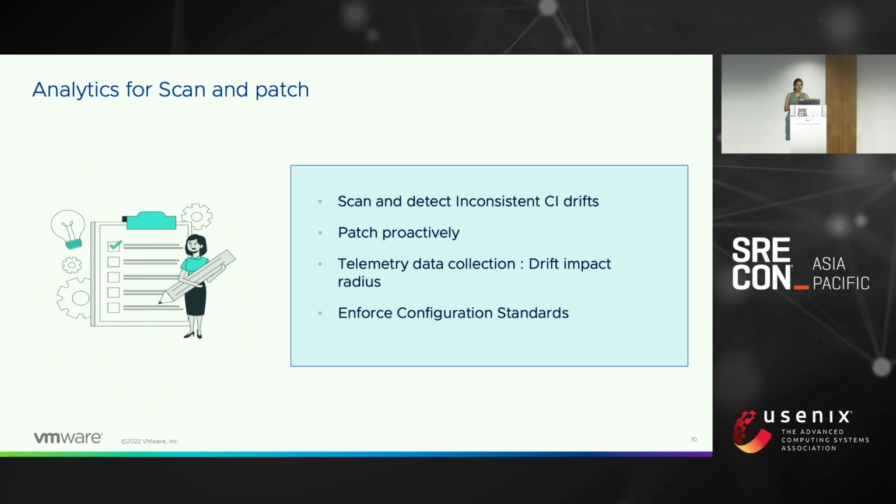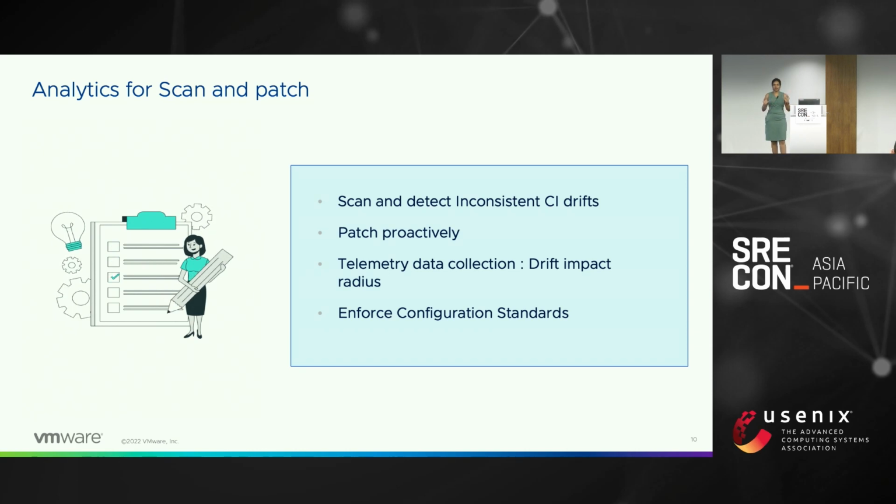Another probe that we have is called scan and patch. In brief, it scans the customer infrastructures for drifts in configuration items. Whenever it detects one, it automatically goes and patches it. So it's sort of a sense and react system. Drifts are very easy to locate this way.